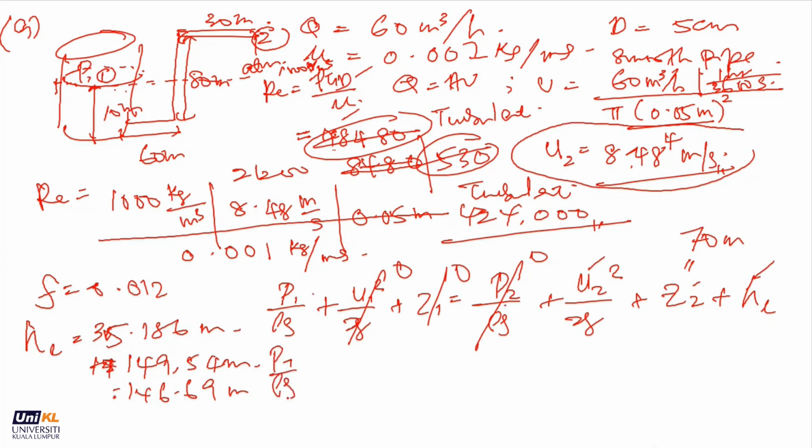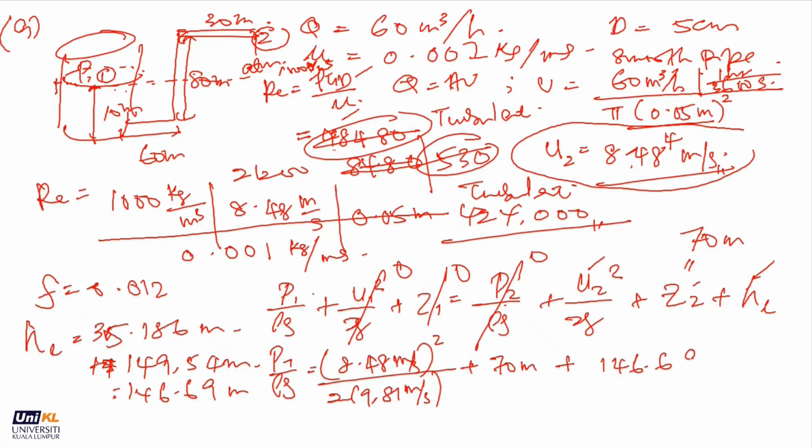So P1 over rho G equals U2 square, 8.48 meter per second squared, over 2 times 9.81 meter per second squared, plus 70 meter plus the head loss of 14.669 meter, times rho G. So we cancel this.